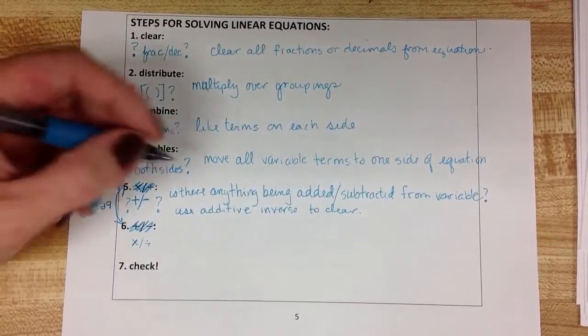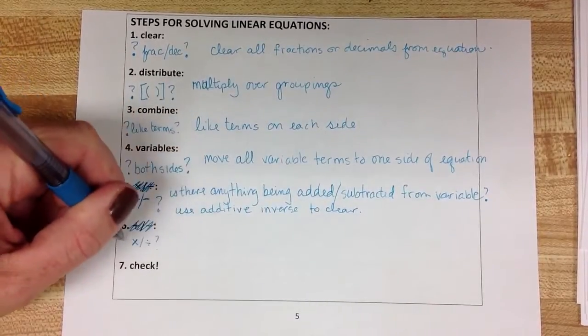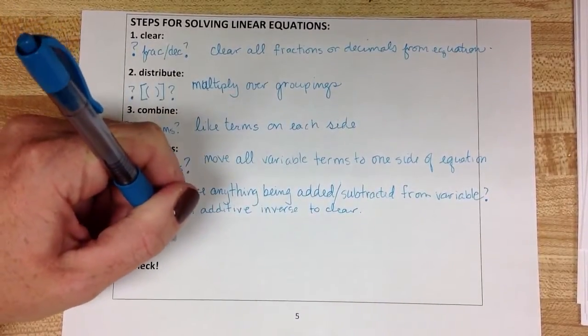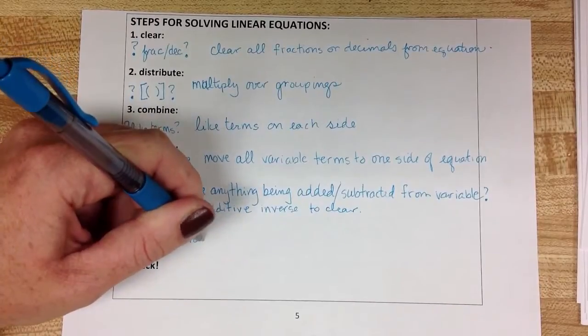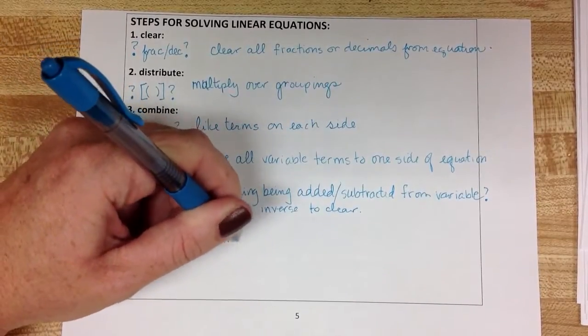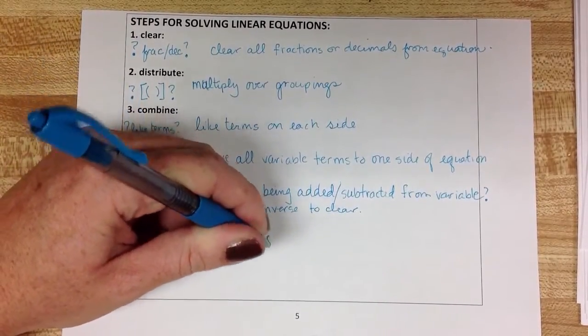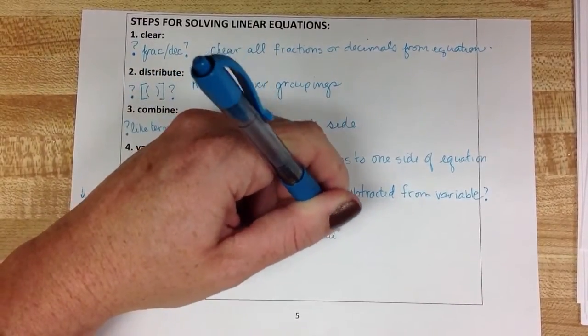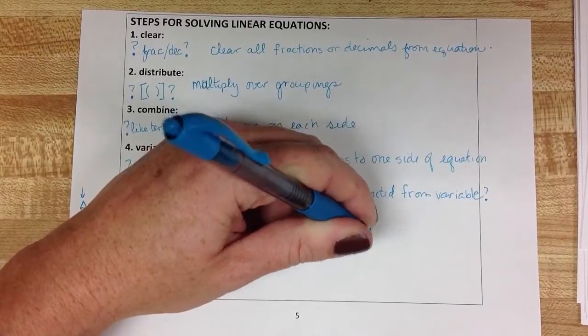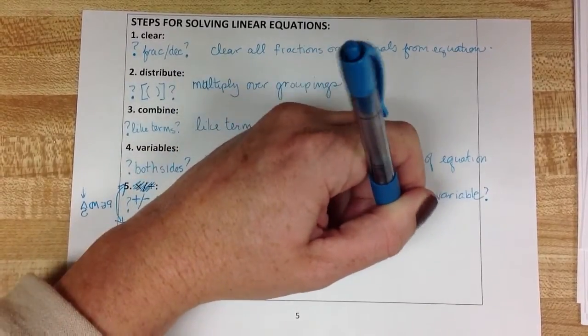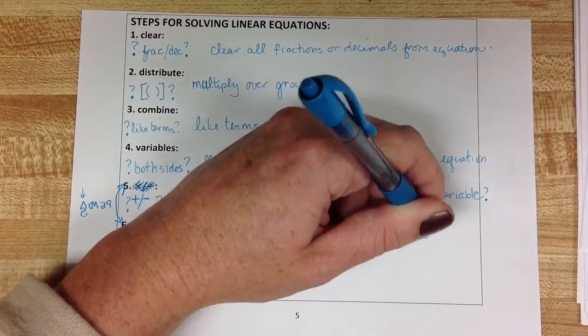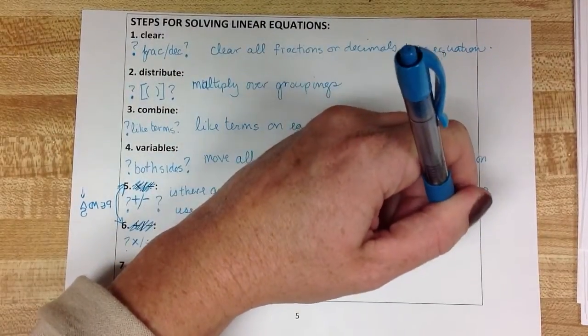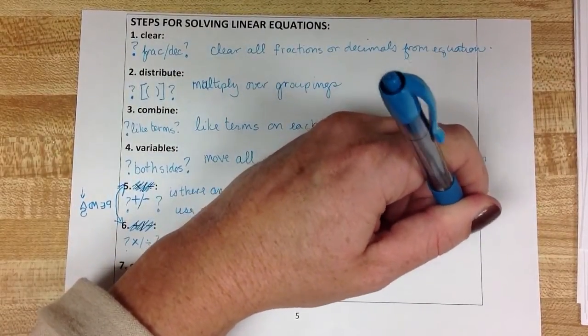And then our final thing is to ask ourselves, is there anything being multiplied or divided by our variable?